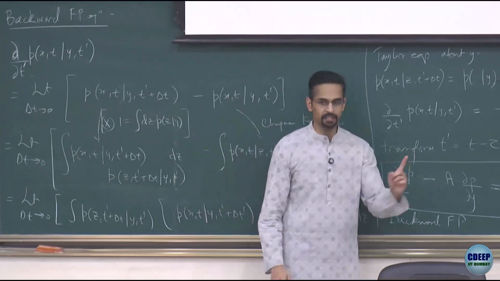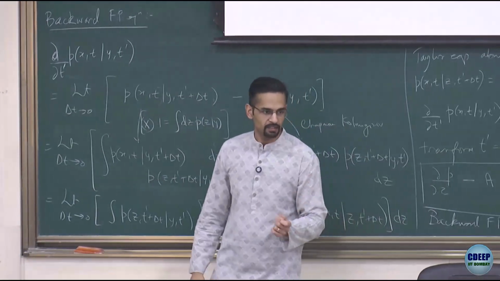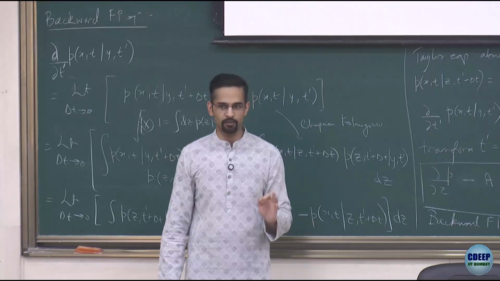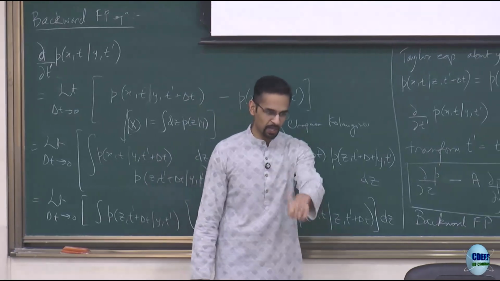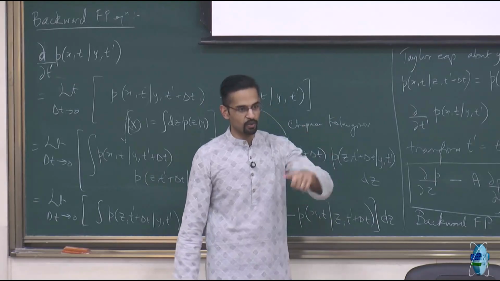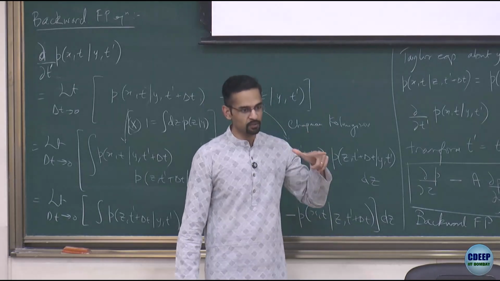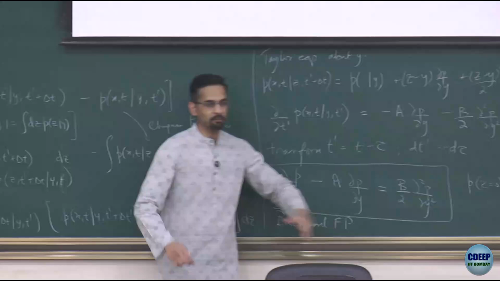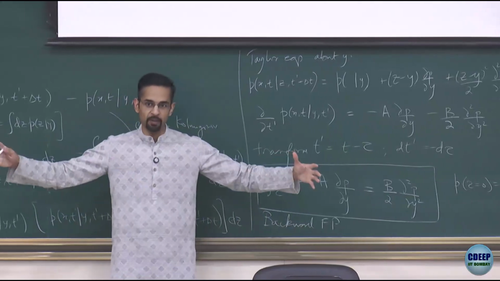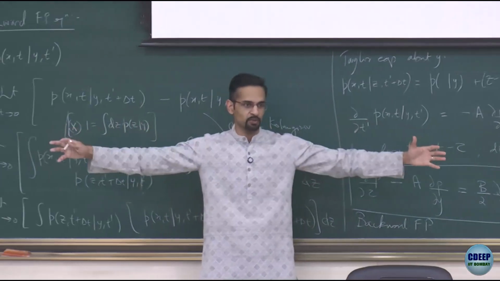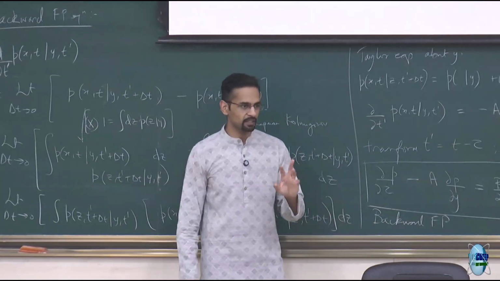The backward Fokker-Planck is a different thing. It's a completely different question. I'm saying I know that I'm here, and where are all the locations from which I have come. That problem is also with a positive diffusion. I'm still spreading because my probability of where I've come from is also spreading. So that's a subtle difference.